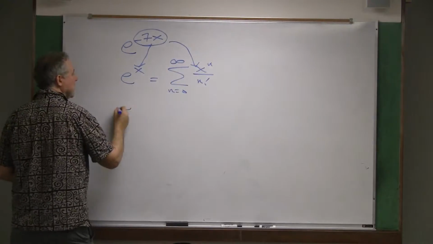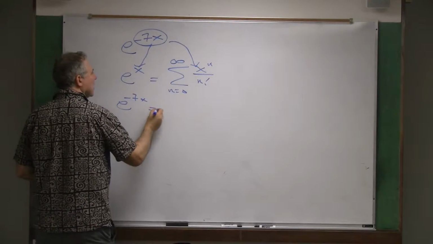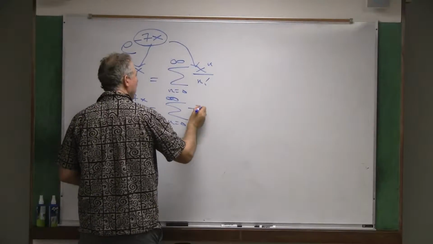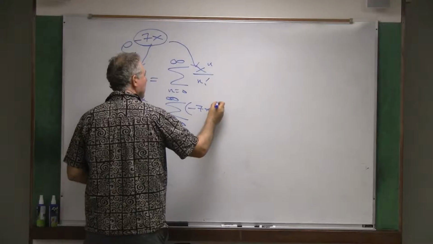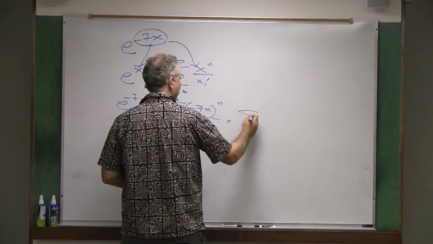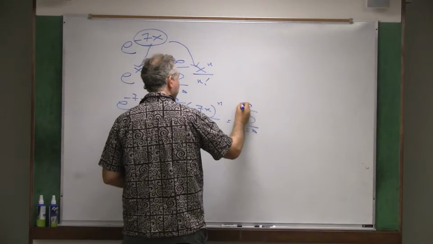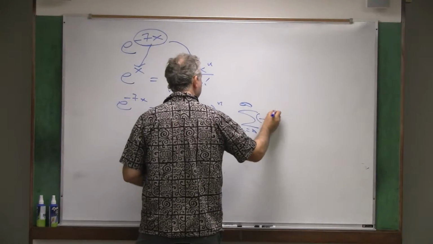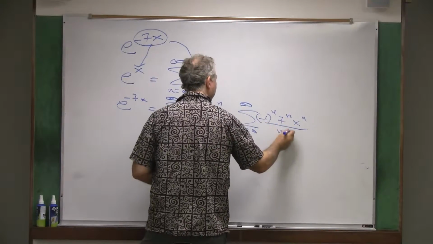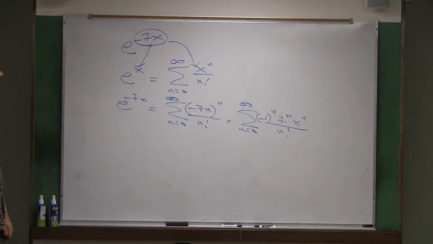So in other words, e to the minus 7x is a sum from n equals 0 to infinity of minus 7x to the n over n factorial, which is a sum from n equals 0 to infinity of negative 1 to the n, 7 to the n, x to the n over n factorial. I think that's the easiest, right? Just methodology. If you get an easy one like that, it fits into something you already know about.